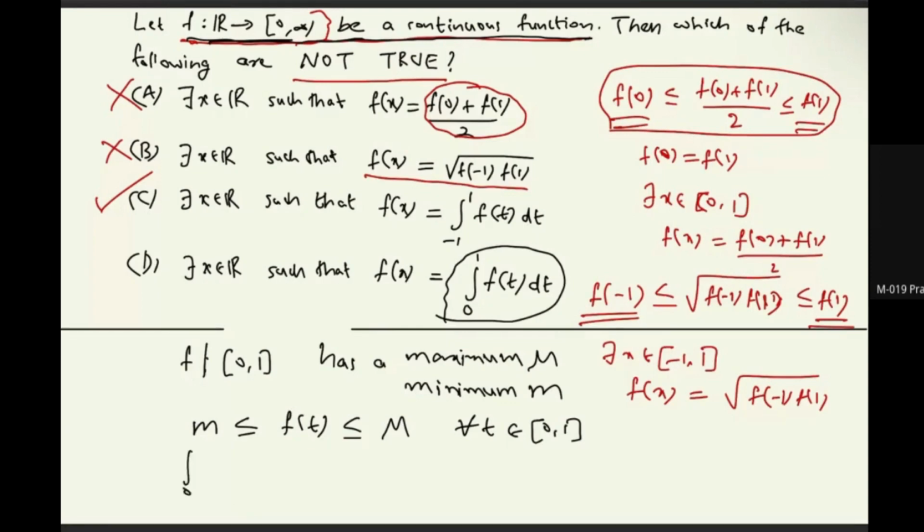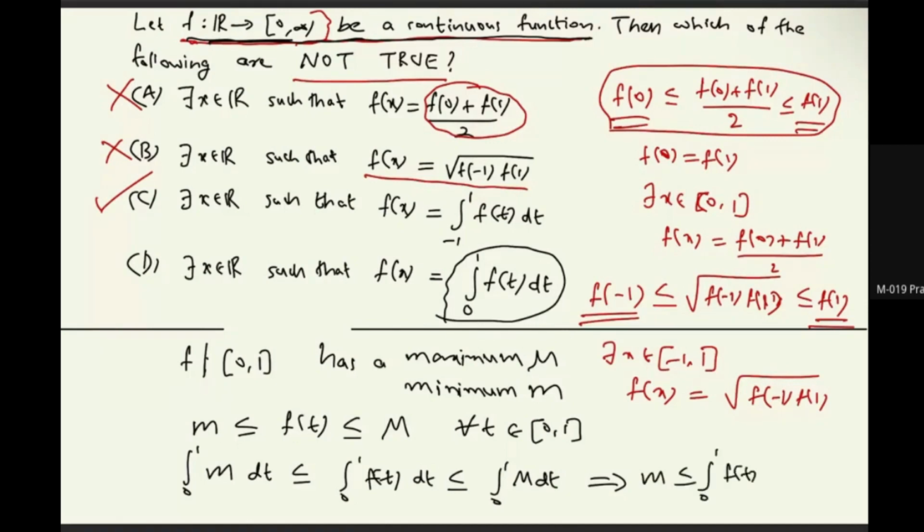Now the integral also holds the same inequality, right? You have studied the properties of integrals. So the number on the right hand side lies between the minimum and maximum of the function on 0, 1.